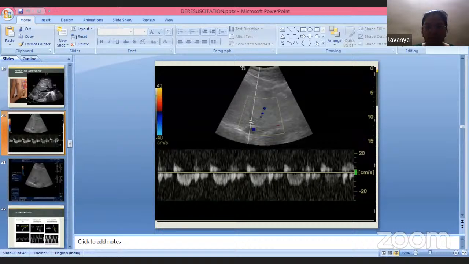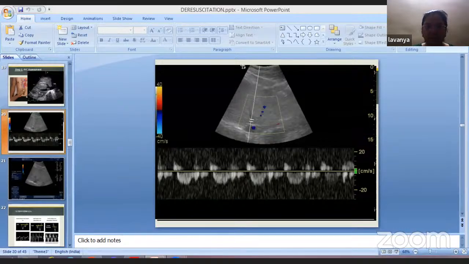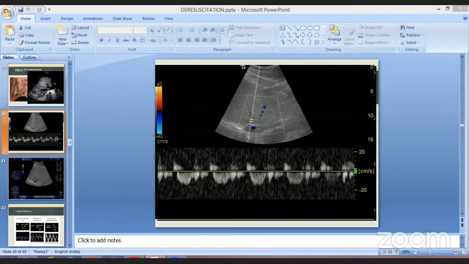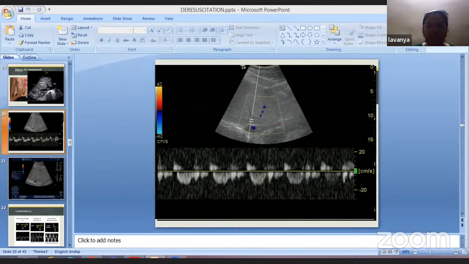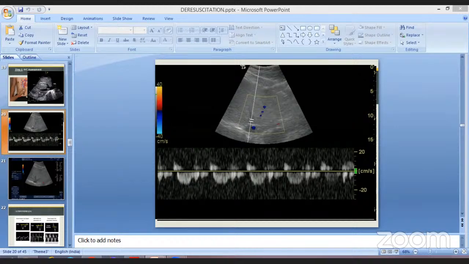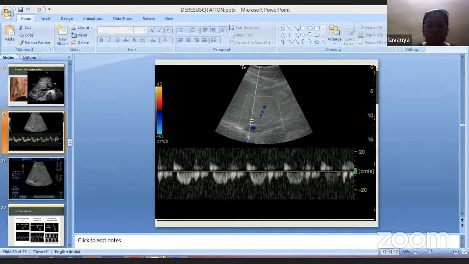Sir, can you see this slide changing, sir? Because I wanted to show different. Yeah, slide is changing, but is it the full screen, sir? Like a slide show? It is not full screen. Sir, because I have made all the images as an animation, so one after the other it comes. So I think I am missing on that.